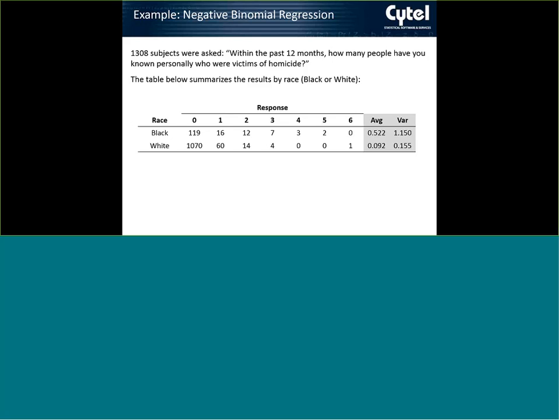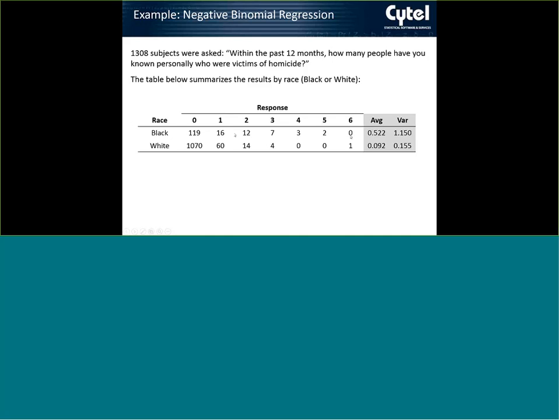But when we average over all of these counts across these subjects, you can see that the average number of homicide victims reported by blacks is almost 5 times higher than that of whites. But the other thing I want you to notice is that the variances here are much larger than the means.